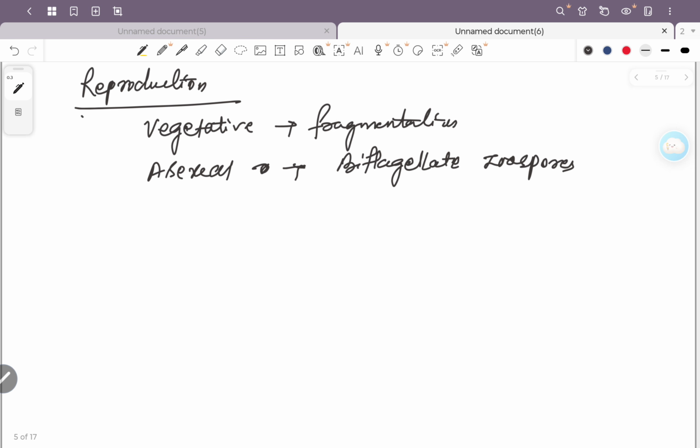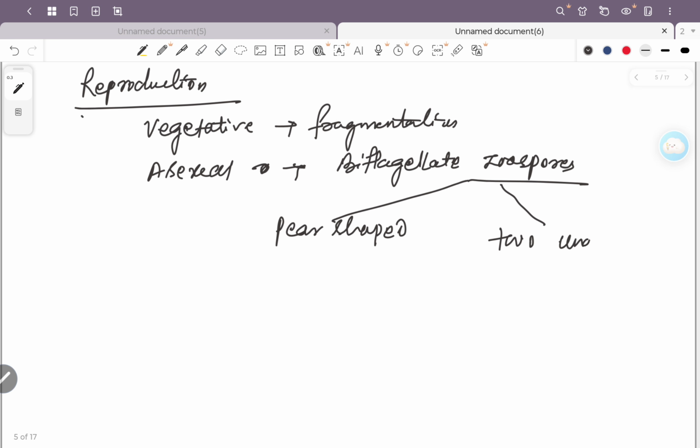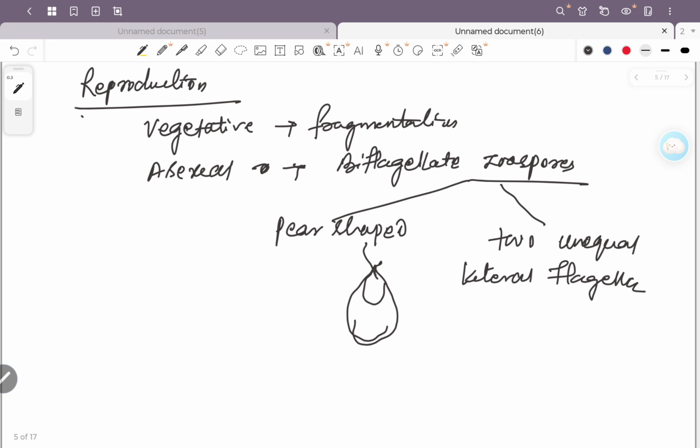But here the characteristics, let me tell you: these zoospores are pear-shaped, and they have two unequal lateral flagella.